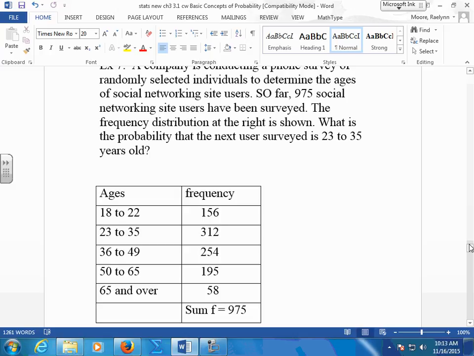Empirical. Are they set in stone every time I survey 975? Will they always look like this? No, they're based on your experiments. So these are your empiricals. The frequency distribution that they show is over here. What is the probability that the next user surveyed is 23 to 35 years old?